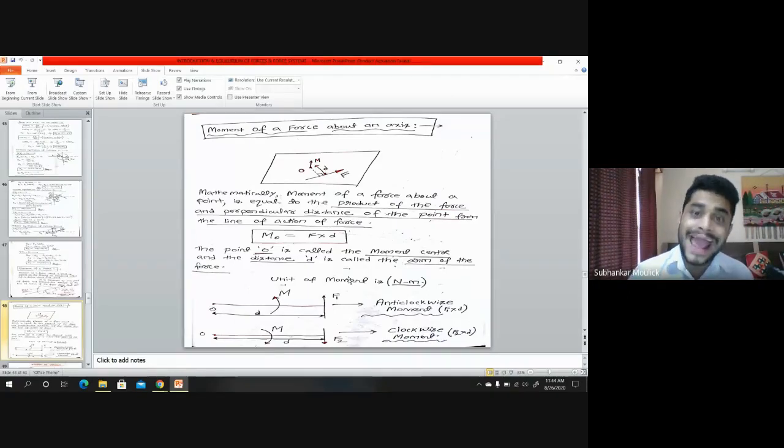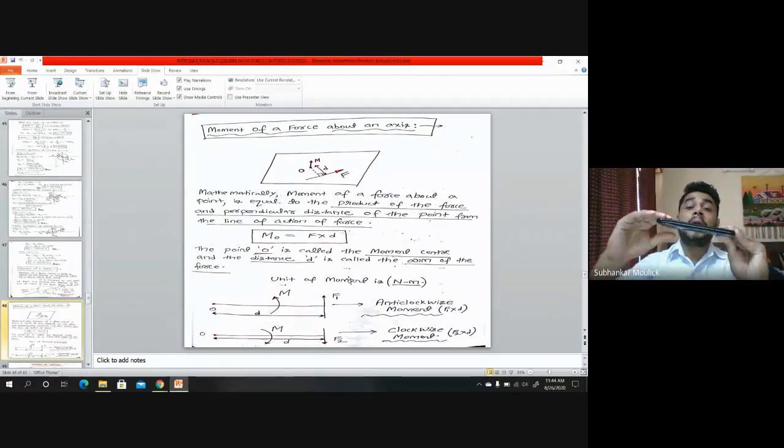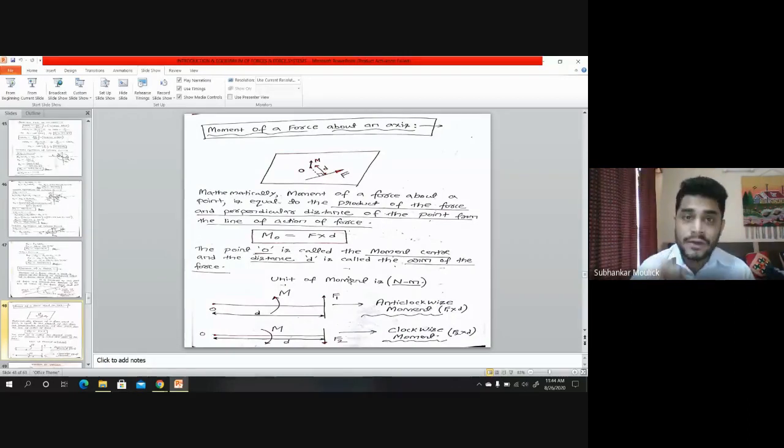Vector quantity has magnitude as well as direction. Since moment can make a body rotate, that means direction is involved, as well as there is some particular value of the moment. For example, 400 Newton meter, 400 Newton centimeter. That means it has the magnitude as well as the direction. So moment is a vector quantity.